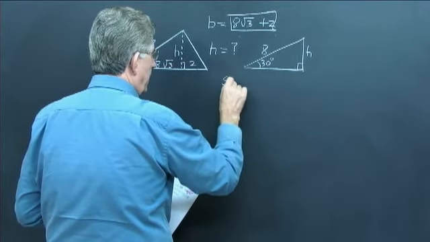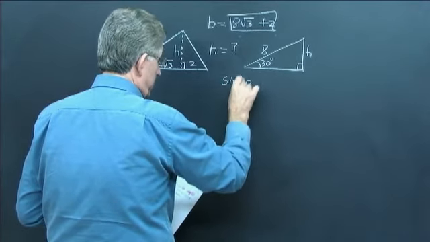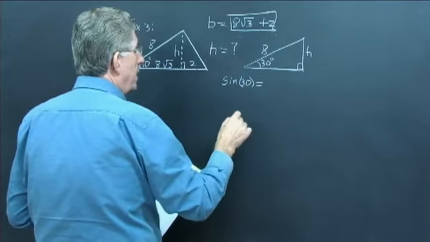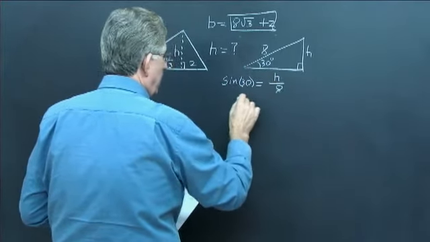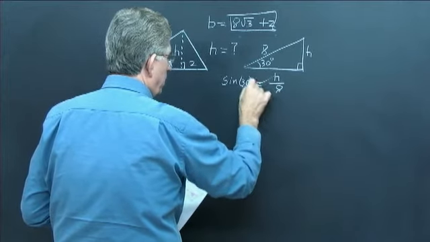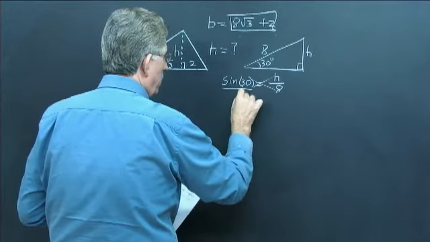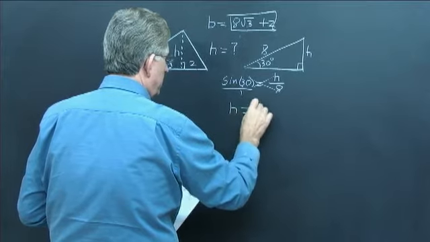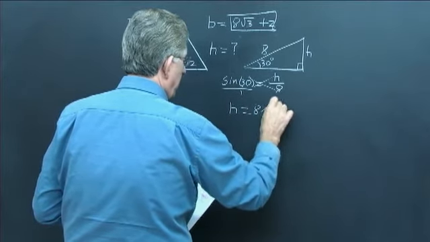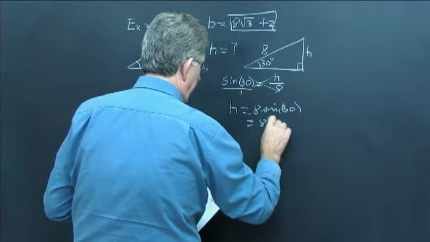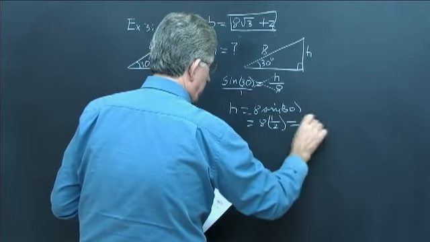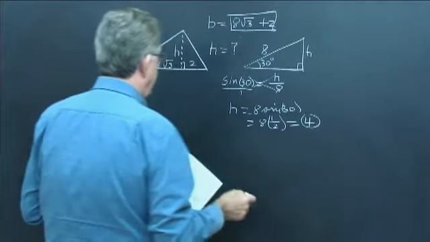The sine of 30 degrees, which is a half, by the way, is the opposite, H, over the hypotenuse, 8. And so if we cross multiply, H is equal to 8 times the sine of 30. The sine of 30 is a half, and so we're going to get 4 for the height.